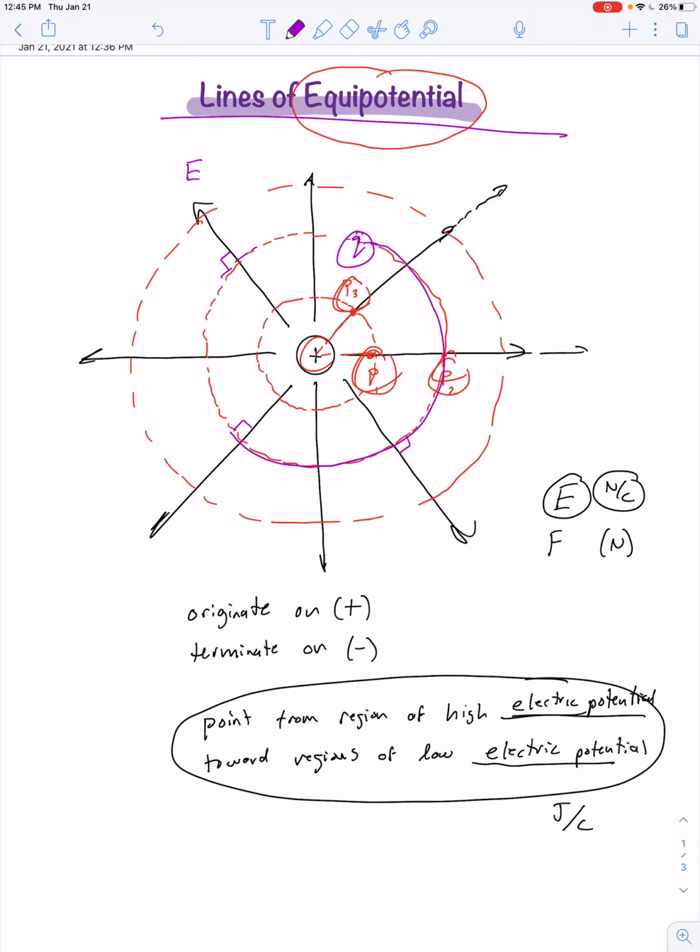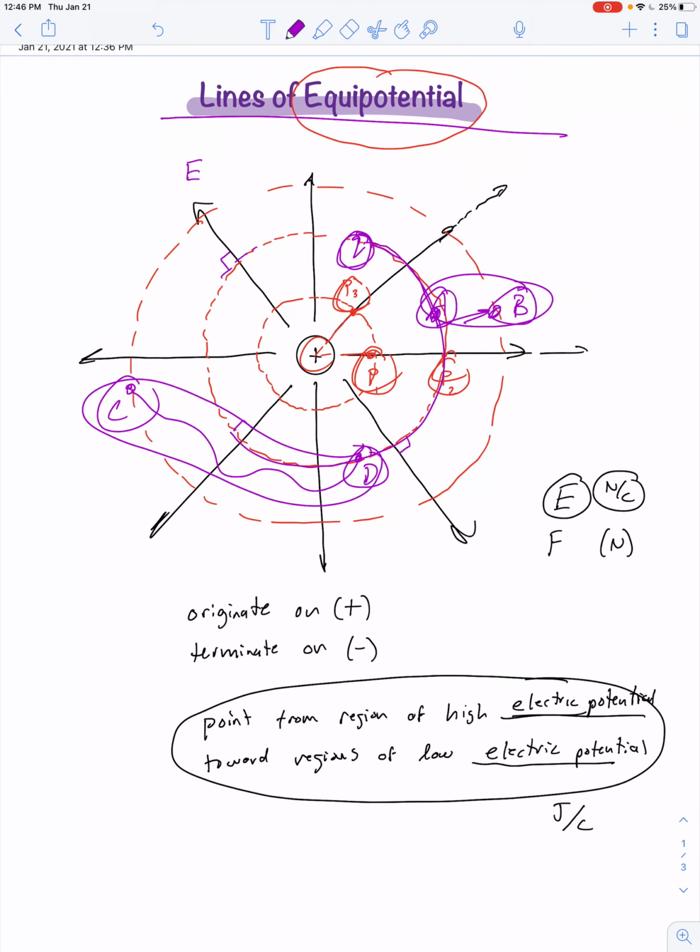But the amount of work it would take to move this charge Q, let's say from point A to point B, would be the same as the amount of work that it takes to move it from point D to point C. Even though it may be different paths, the change in the values of electric potential are the same from A to B as they are from C to D because they get you between the same two different lines of equipotential.